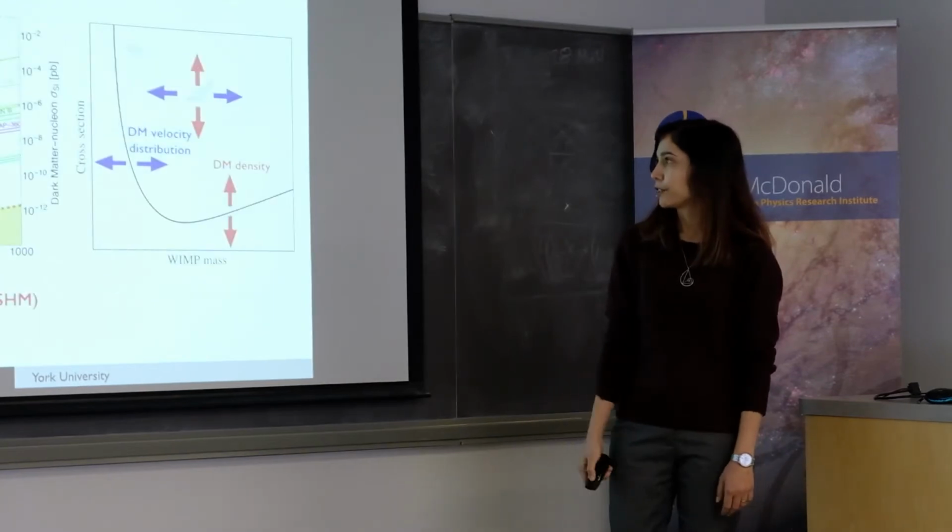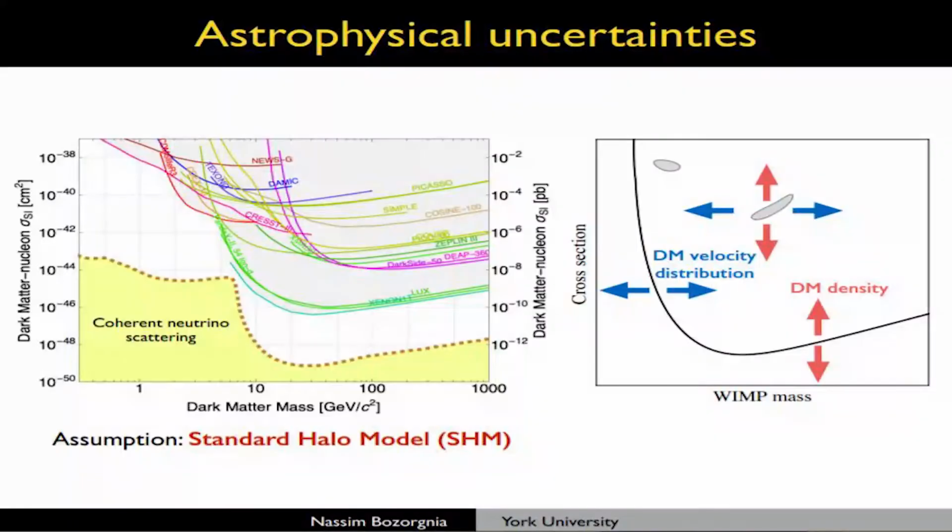Limits on the cross-section. And so these plots that usually you see of the dark matter nucleon cross-section and dark matter mass, these are the limits from different experiments. And these all have a specific assumption for the dark matter velocity distribution and dark matter density. This is the so-called standard halo model, and I'll mention a bit more about that.